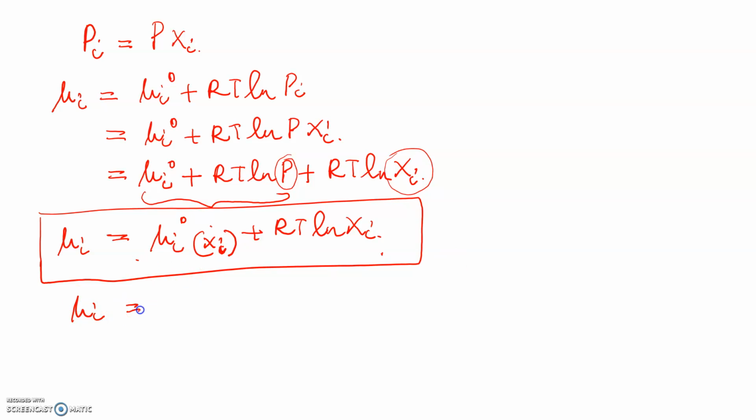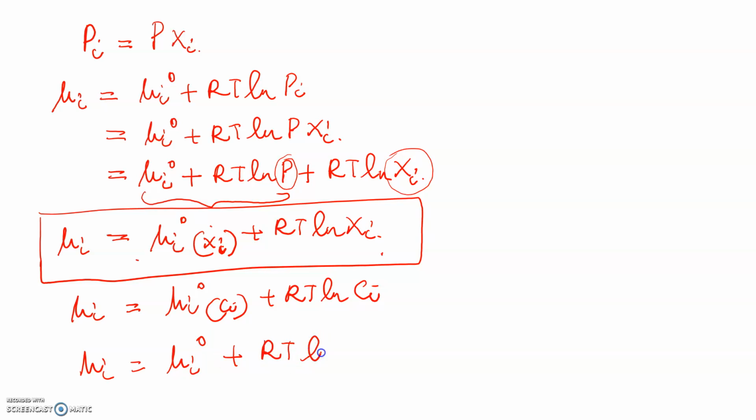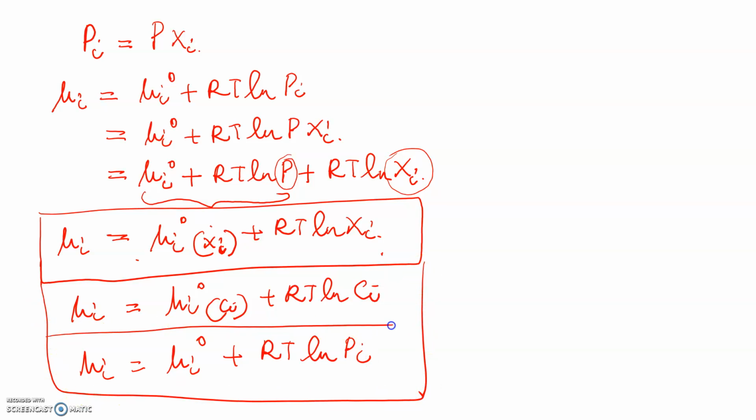In terms of concentration, we have mu i 0 Ci plus RT ln Ci, and mu i is equal to mu i 0 plus RT ln Pi. These three equations represent the chemical potential for a component in a mixture of ideal gases.